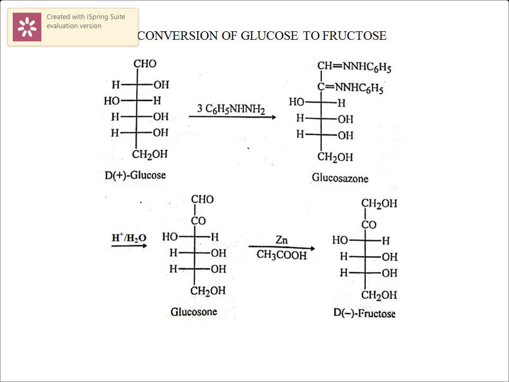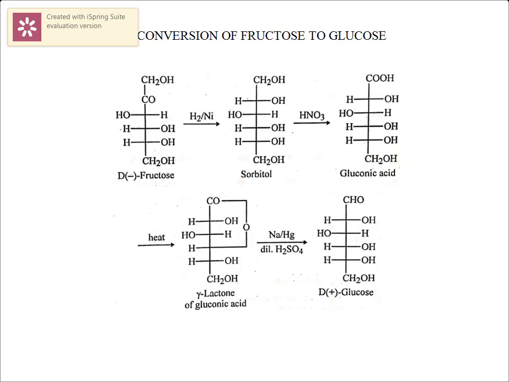Glucosazone on hydrolysis gives glucosone, which on reduction with zinc in acetic acid, the CHO group is reduced to CH2OH, which is fructose. Again, just three steps. Glucose is converted to glucosazone by treating it with phenylhydrazine, which on hydrolysis gives glucosone, which on reduction with zinc in acetic acid gives fructose.